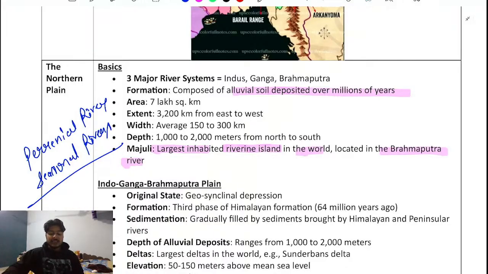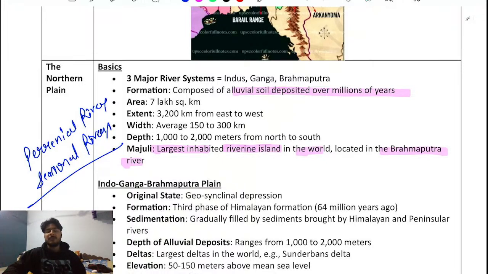So any river coming from the Himalaya is a perennial river. Ganga is a perennial river, Yamuna is a perennial river. They will have water throughout the year. Clear, everybody?